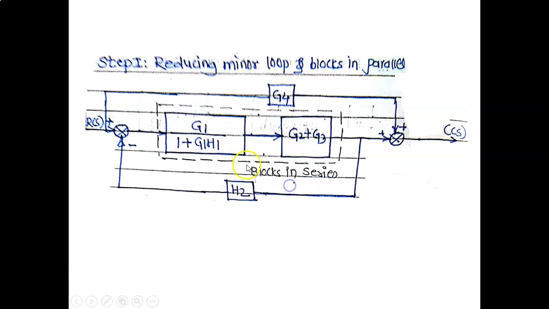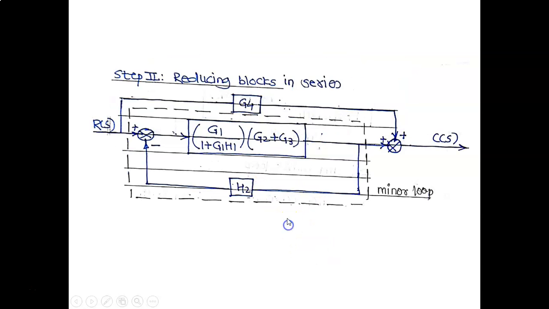Therefore the next step is G1 divided by 1 plus G1 H1, this will be another block, and G2 plus G3, this will be another block. Now these two blocks will be in series, therefore they will get multiplied with each other. Therefore the next step is the multiplication of these two blocks, G1 divided by 1 plus G1 H1 into G2 plus G3.